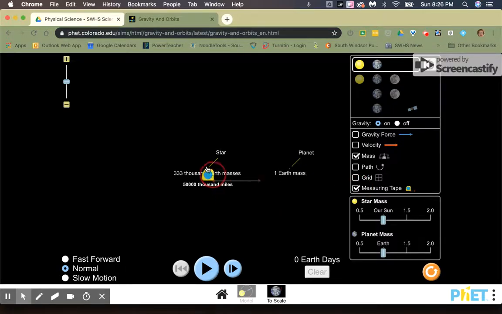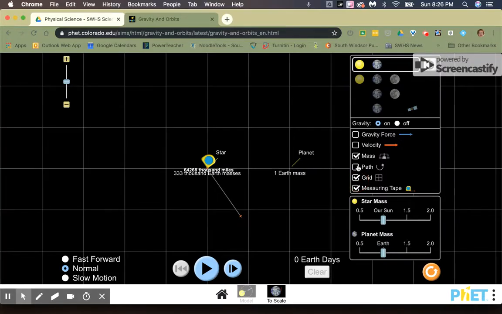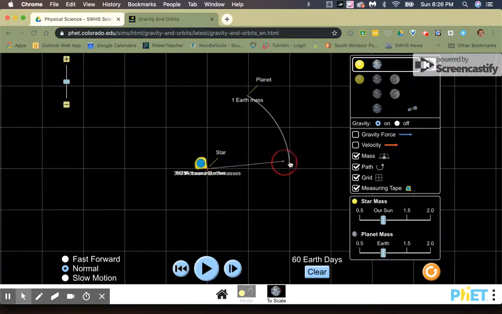The measuring tape is in a very large distance, but it's appropriate when we're talking about gravity. Turning these on and then watching the planets sweep around, now you can really get at Kepler's laws. So you can measure out the distances at different points, and you can also use the time to start talking about Kepler's three laws.